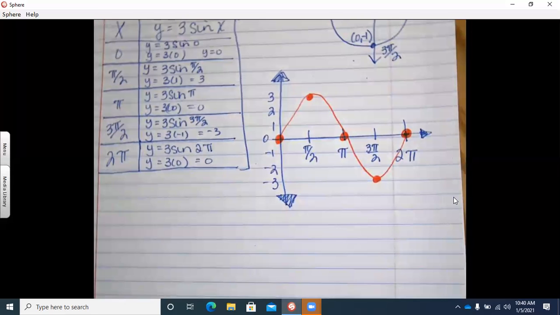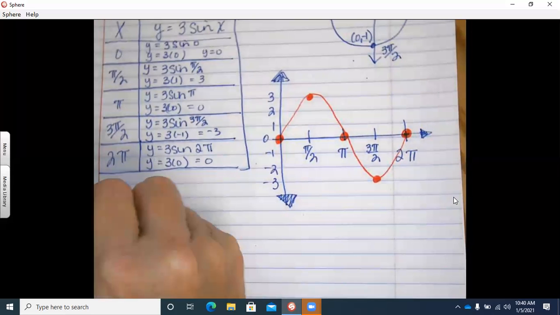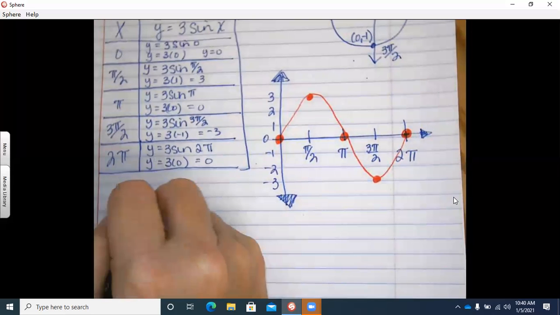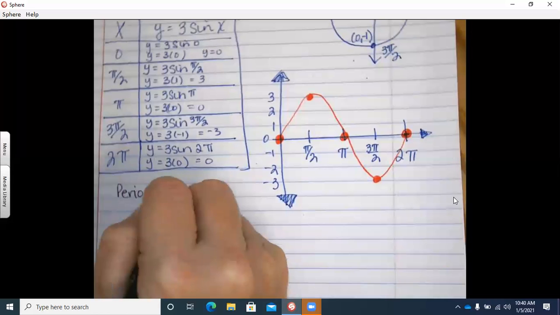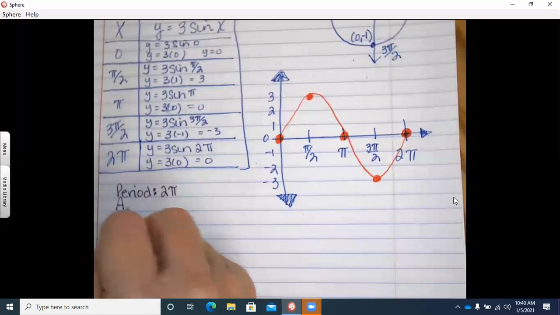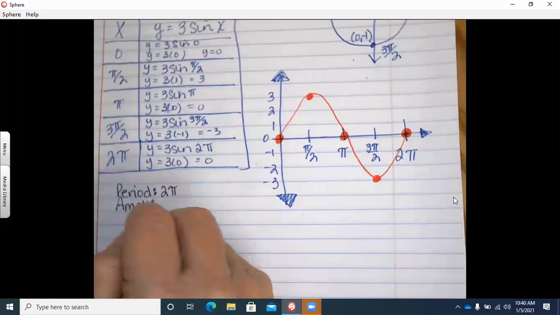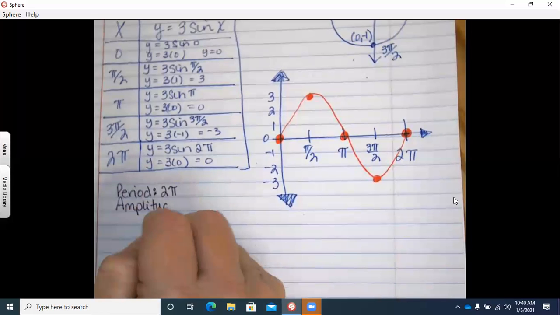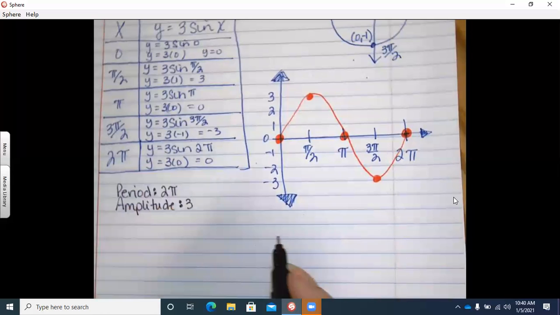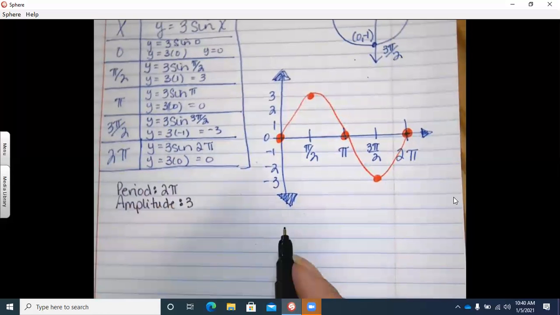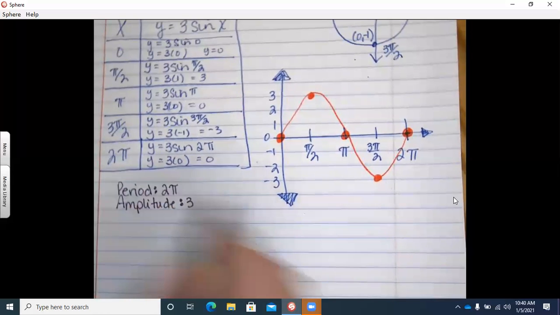The length of one cycle, 2 pi. What is the amplitude? 3. Is it a vertical shrink or a stretch? Stretch by a factor of 3.